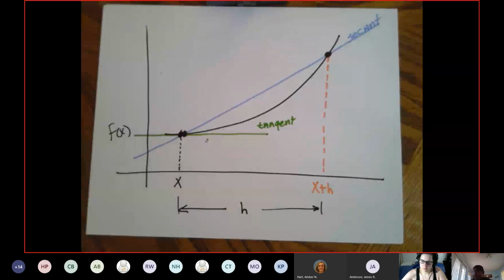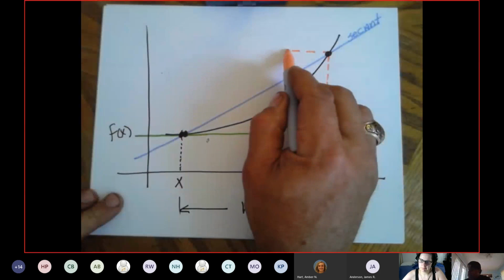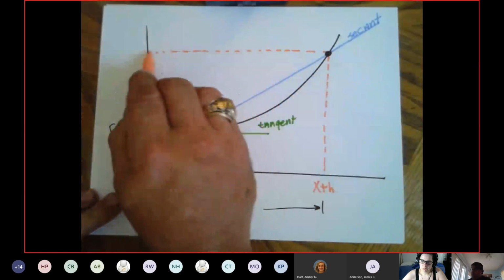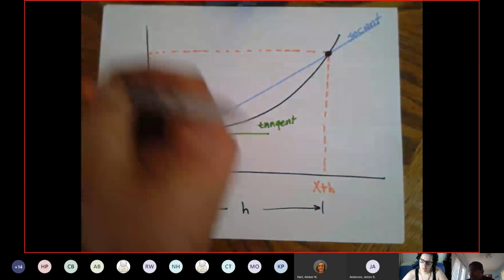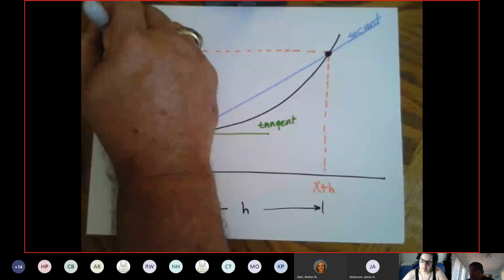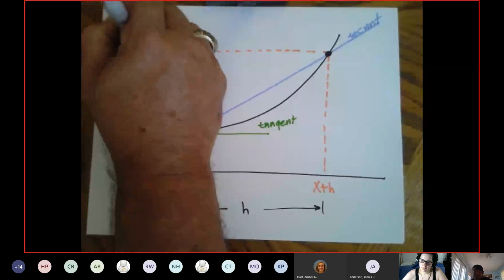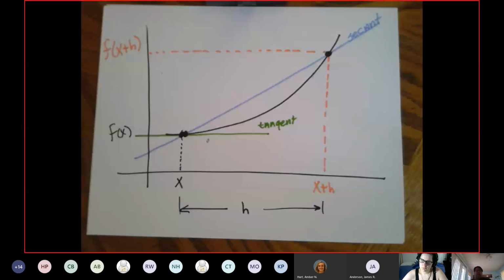H. So somebody tell me what this y value is over here. Somebody tell me what the slope of that line is, the secant line.